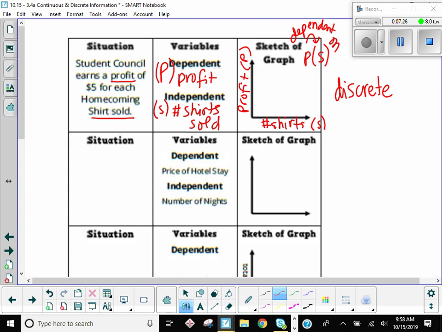But if I have sold 0 shirts, where does the profit start? 0, right? So the first thing is going to be 0, 0. 0 shirts is 0 profit, and then it's going to be a linear relationship from there. And we said it's discrete, so it's pieces of information separate from each other, because we're not going to sell 1.5 shirts or something like that.